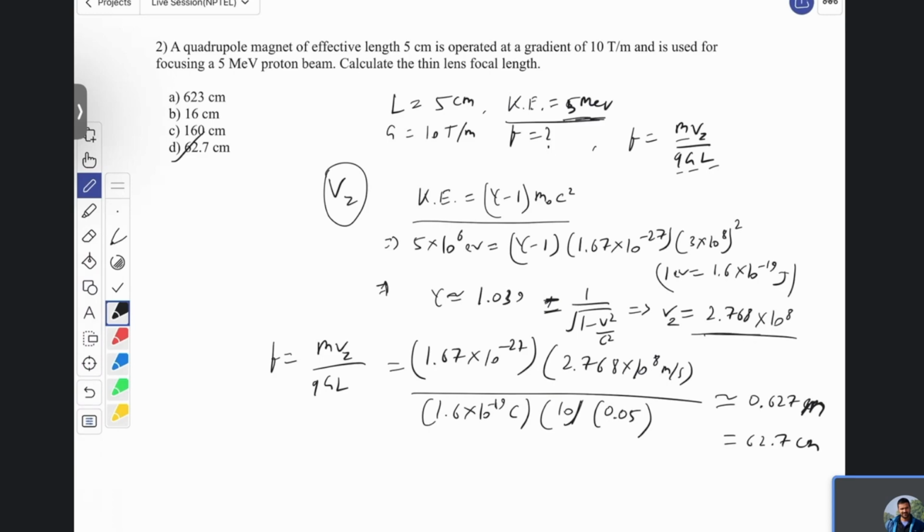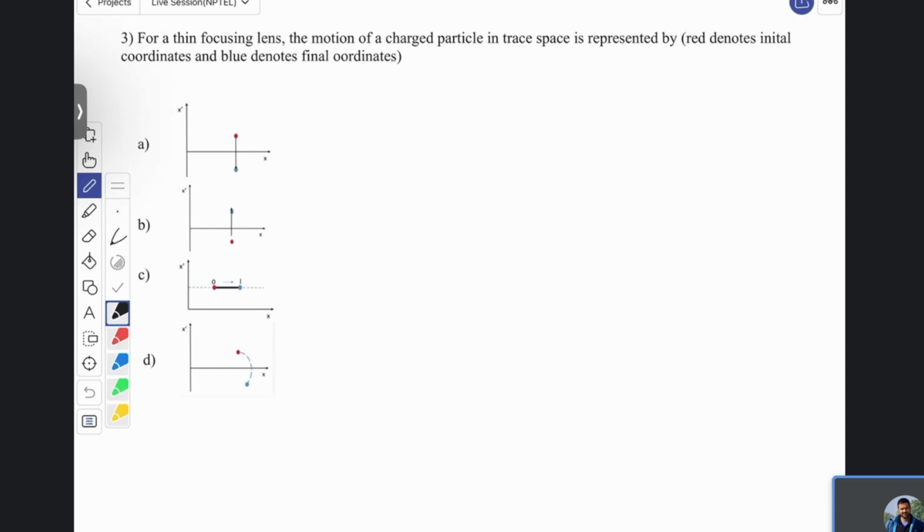Okay, next problem we have. For a thin focusing lens, the motion of a charged particle in trace space is represented by which option. Here red denotes the initial coordinates and blue denotes the final coordinates.